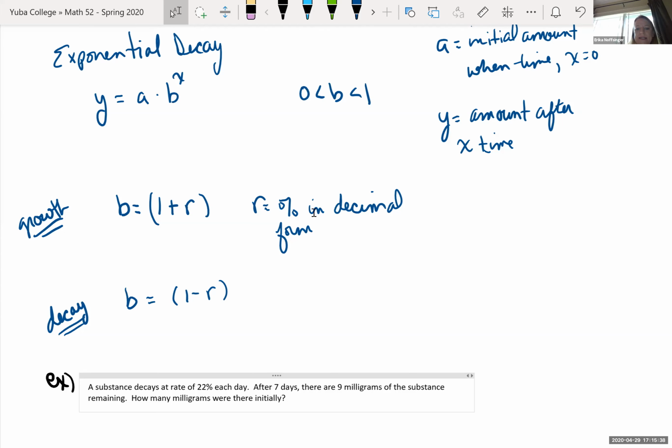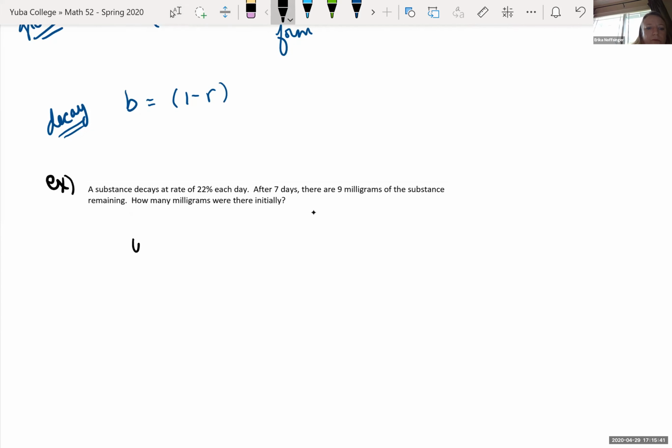We have y is equal to some initial amount A, which we don't know, times, so this is telling me it's decaying, and so I'm going to do the 1 minus the rate that it's decaying in decimal form. So 22%, we're going to have as 0.22, to the x power.